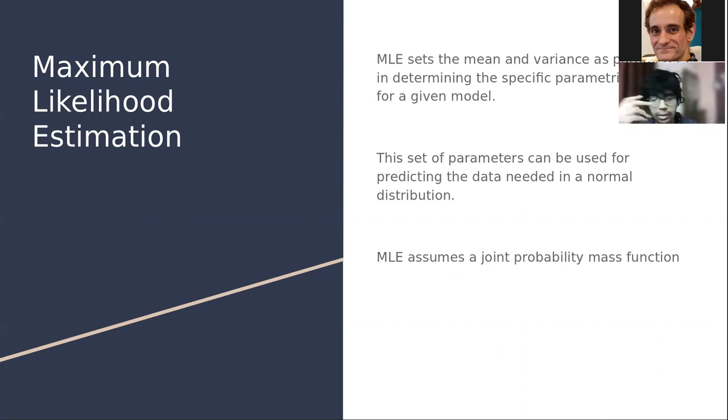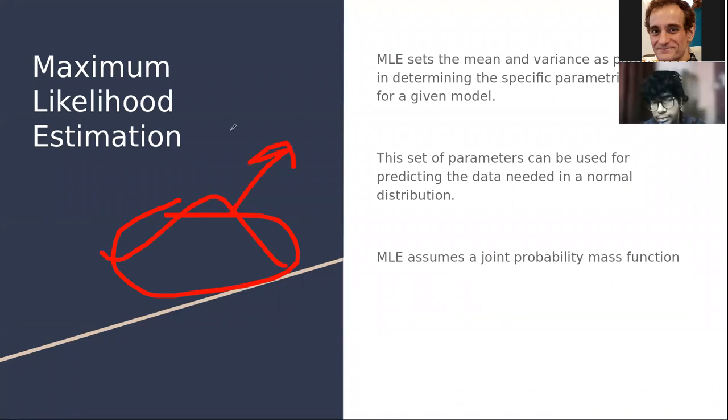It's a mathematical concept where you're trying to estimate the distribution from which the parameters might have come. So let's say this is one distribution, so the parameters must have come from this distribution. This is what maximum likelihood estimation does.